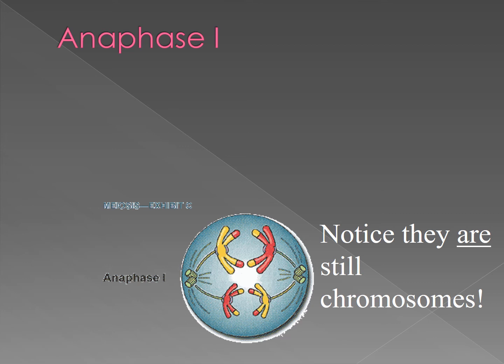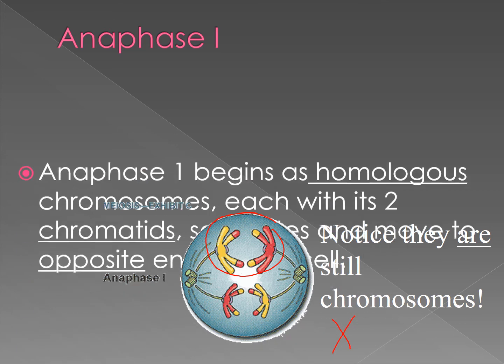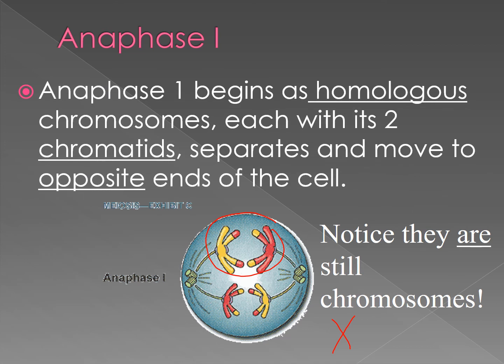Anaphase, notice that they're still chromosomes though. They are still X's. We are just no longer going to have pairs, because in anaphase 1, the homologous chromosomes separate, with their two chromatids moving to the opposite sides, so it's no more pairs.